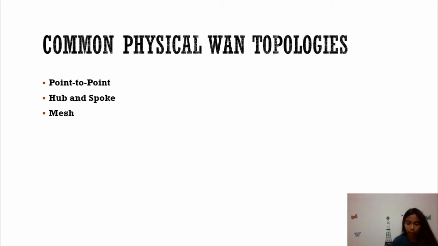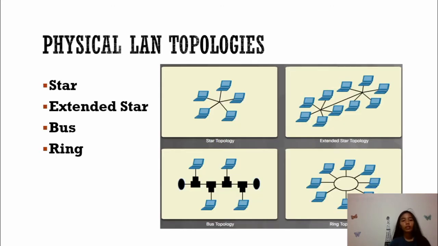The administrative and physical cost can be significant, and each link is essentially a point-to-point link to the other node. So for the next one, we have the physical LAN topologies. We have the star, the extended star, and the bus and ring.